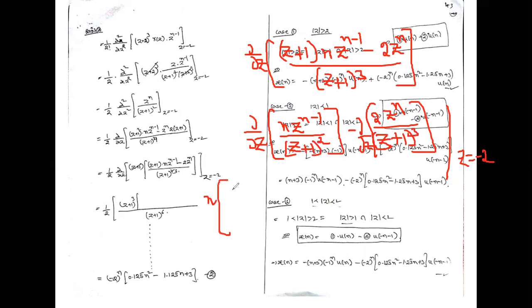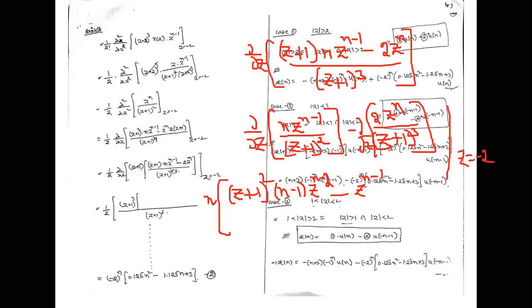First take (z+1)^2 and apply the derivative for this: (n-1) multiplied by z^(n-2), minus keeping the function the same, z^(n-1).